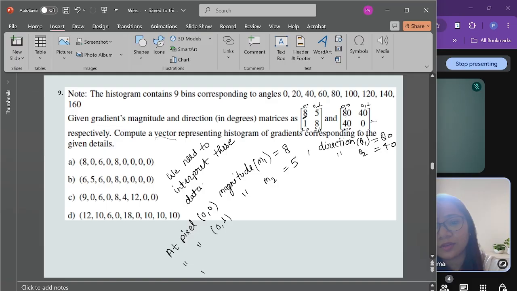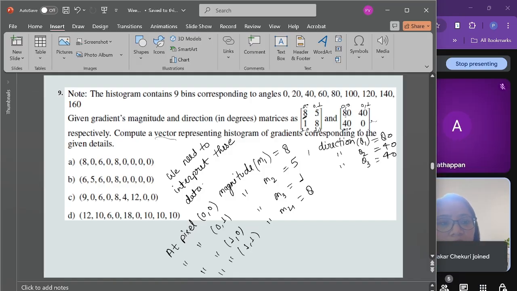At pixel 1 0, magnitude M3 is 1 and direction theta 3 is 40 again. At pixel 1 1, magnitude M4 is 8 again, and the direction theta 4 is 0.